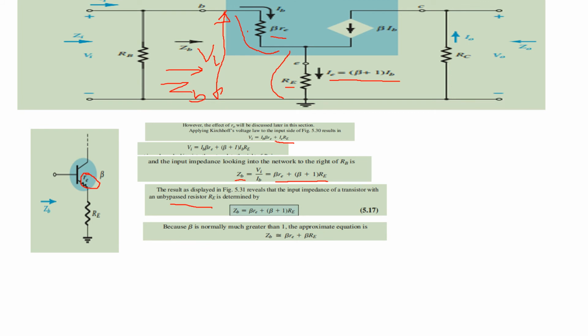Beta is normally much greater than 1, so the approximate value of ZB is beta times re plus beta times capital Re, the unbypassed resistance Re.